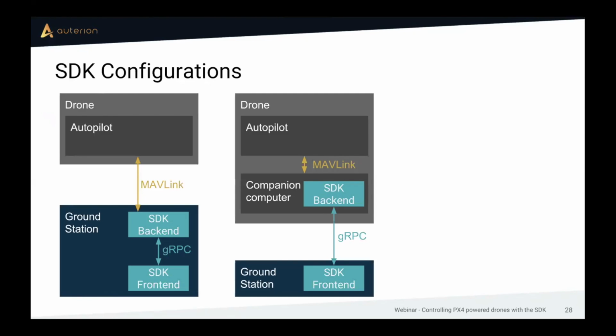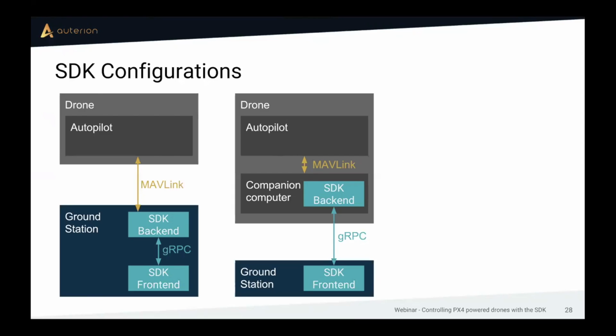Now, for the case where you have a companion computer, so another computer running on the drone, then you can have the SDK backend running on the companion computer and actually transmit gRPC between the drone and the ground station.